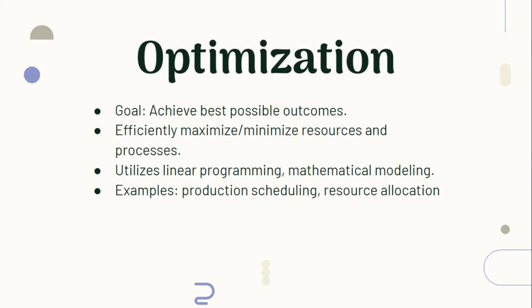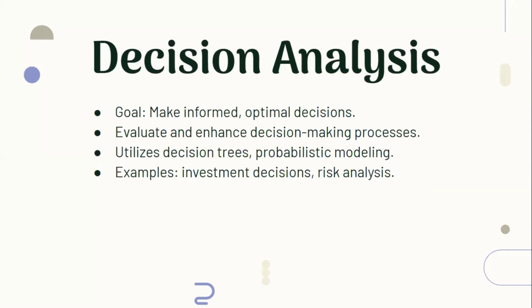Now, we move on to the second objective of OR, that is known as decision analysis. The goal of decision analysis is to make informed and optimal decisions. Decision analysis focuses on aiding decision-making processes by providing quantitative models and tools to analyze complex decision-making situations.